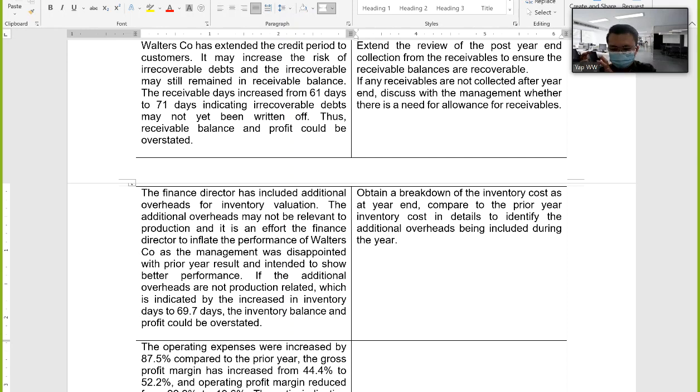Once you get the additional overheads, we will evaluate the overheads and determine whether they are production related.